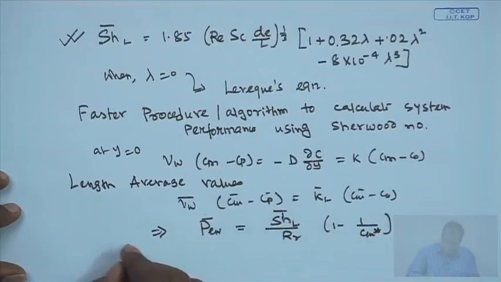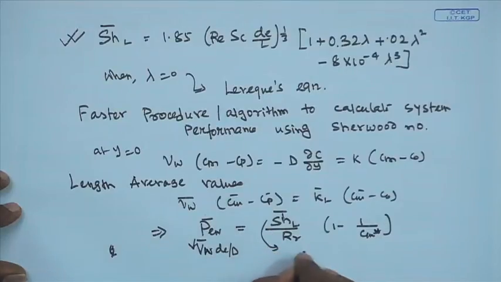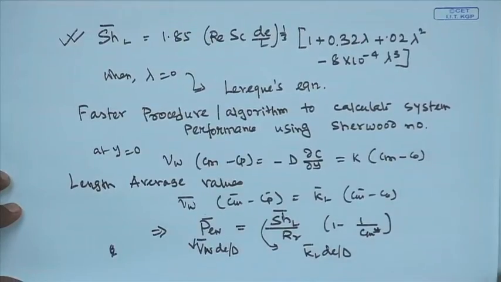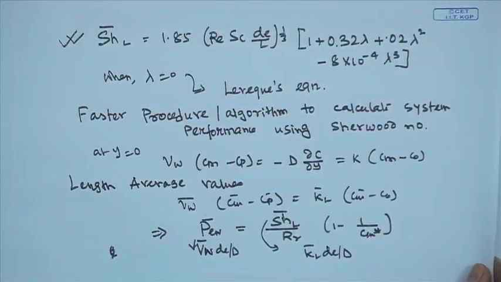So, Pw bar is equal to nothing but Vw bar d by D, and Sherwood is nothing but KL bar d by D. So, this relation will be giving you the expression of the average value of the wall suction parameter, or the permeate flux, with respect to the length average permeate flux.